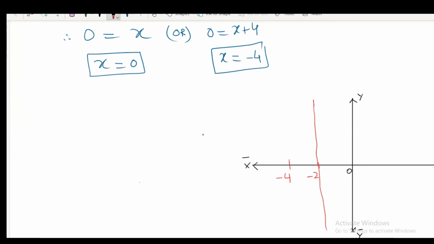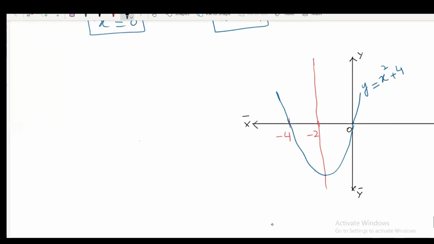Now start to sketch. We have the x-intercepts minus 4 and 0, and the curve will be a minimum value function. This is y equals x squared plus 4x.